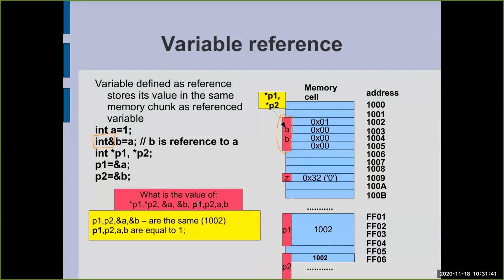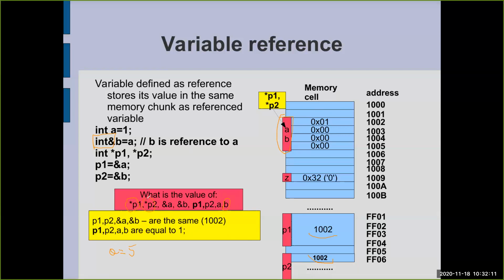So look, P1 and P2 have the same values. A and B also have the same values, equal to 1. If you modify, for example, A equal to 5, it will affect B because B will be equal to 5.